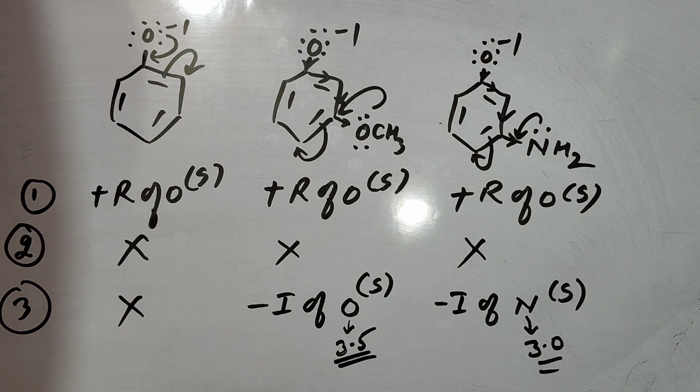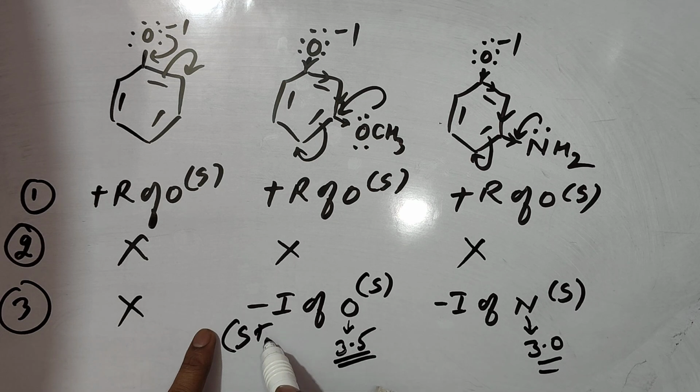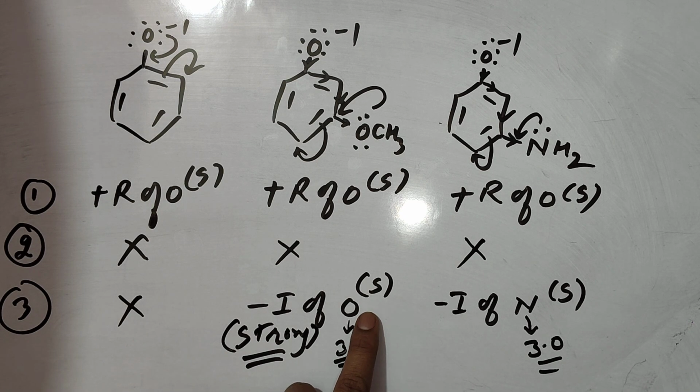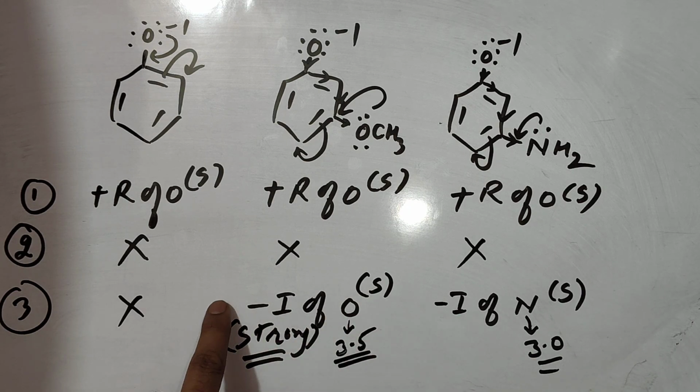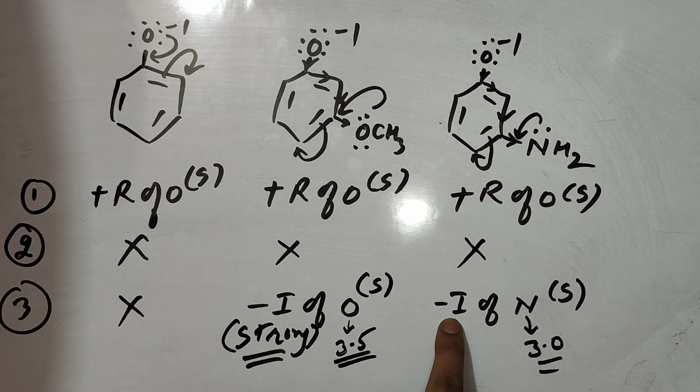Higher electronegativity, higher minus I effect. So here the minus I effect will be strong due to higher electronegativity of oxygen, and here the minus I effect will be weak as compared to this, because comparison is going on. So minus I of nitrogen is weak as compared to oxygen.